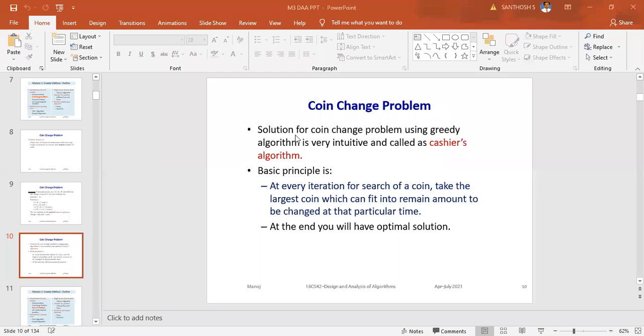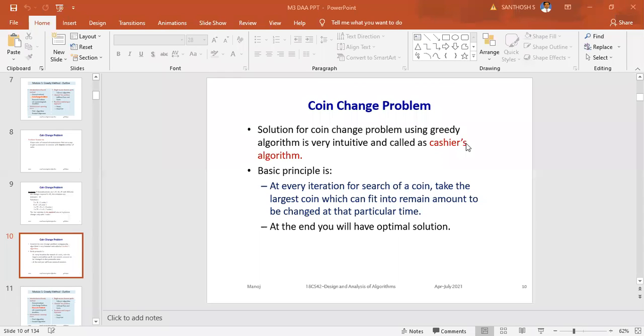So the coin change problem solution using the greedy algorithm is very intuitive and called the cashier's algorithm. Okay, so where will this work? It will be for every application, it will be done by the cashier only. If you go and buy something in a restaurant or any grocery shop, whatever, you will pay to the cashier.